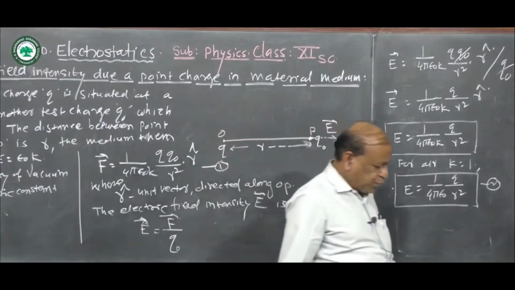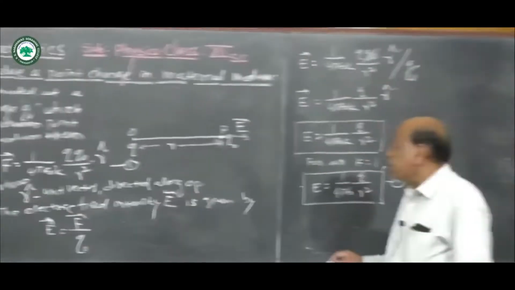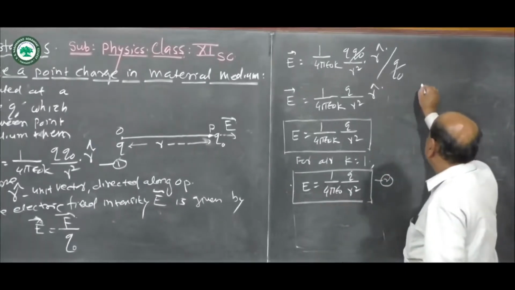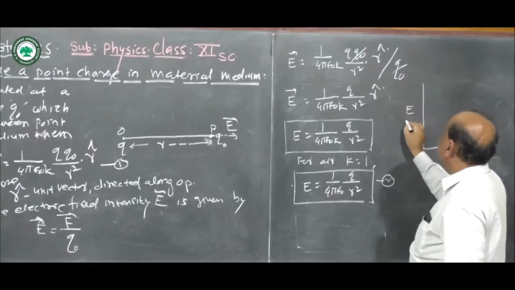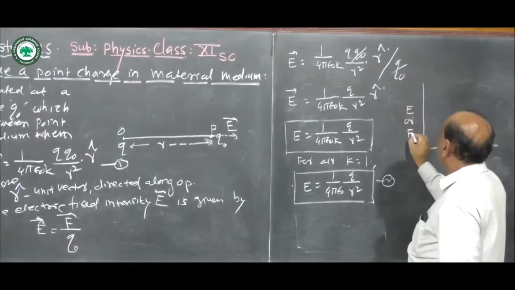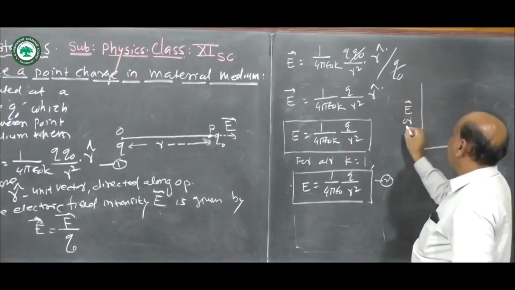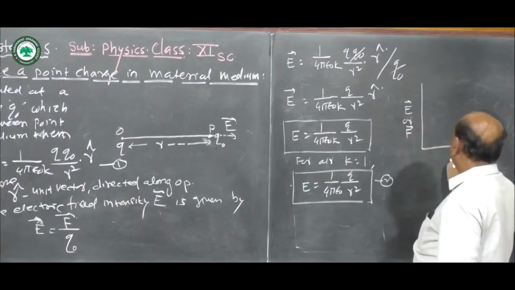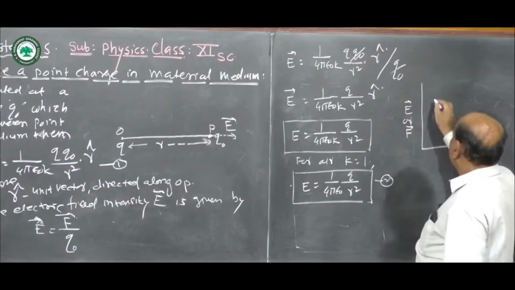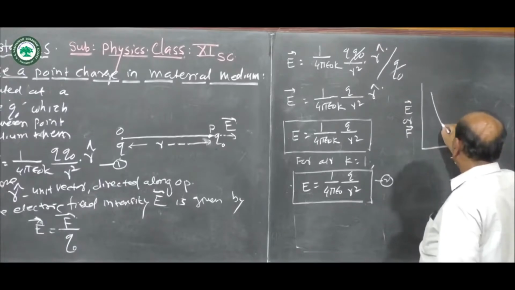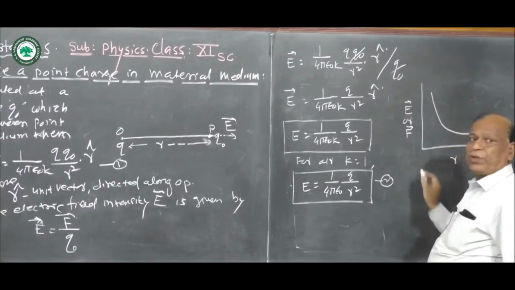And now when we plot the graph of the electric field E or electrostatic force F against this R, then the nature of the graph is like this one.